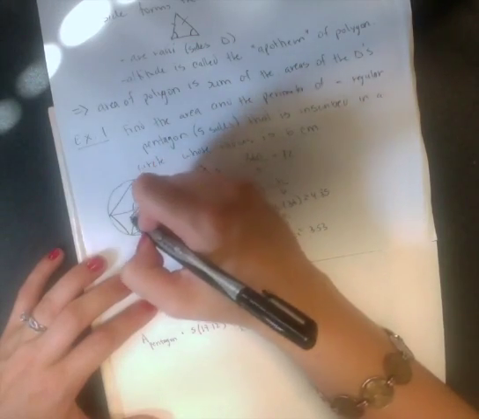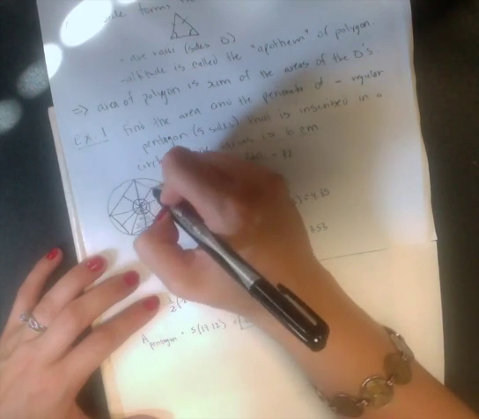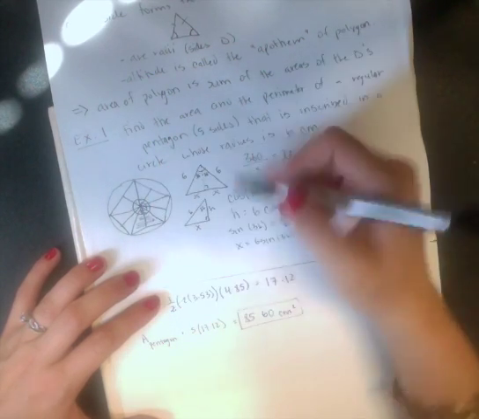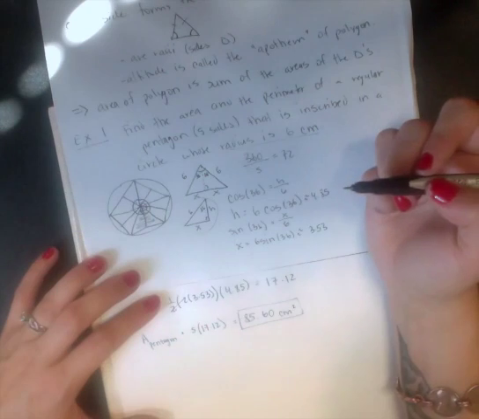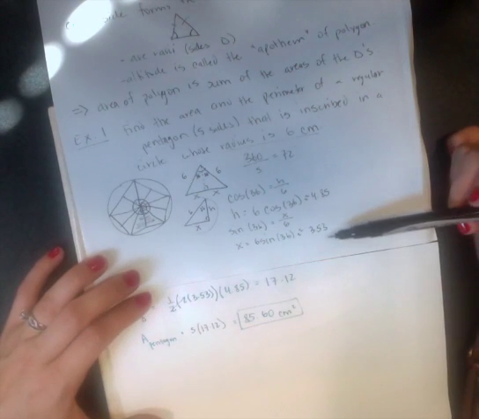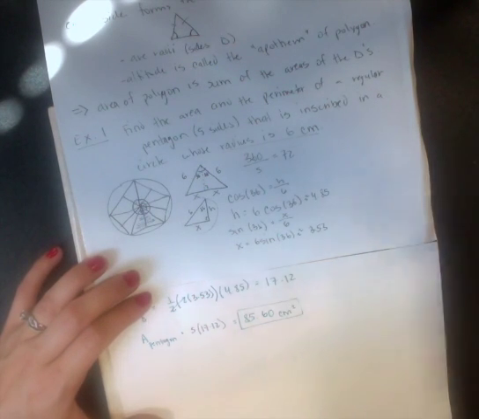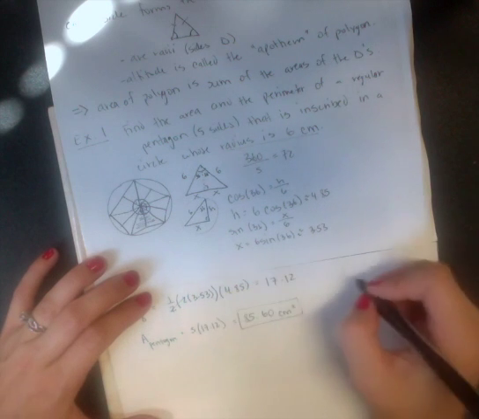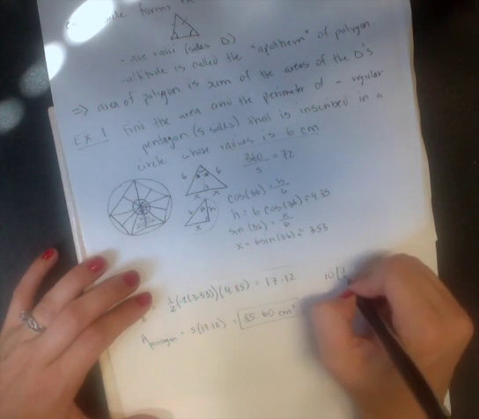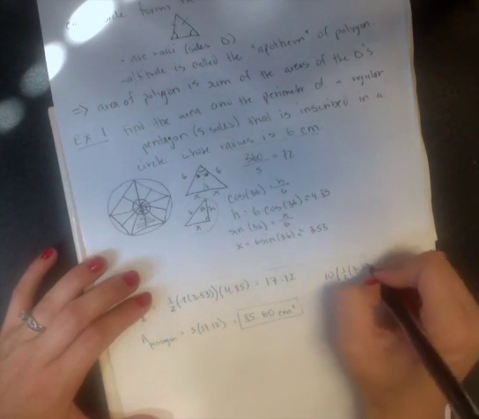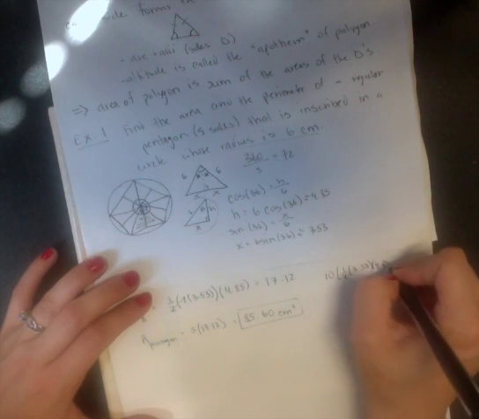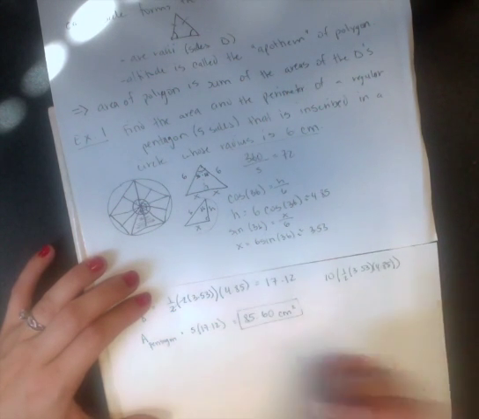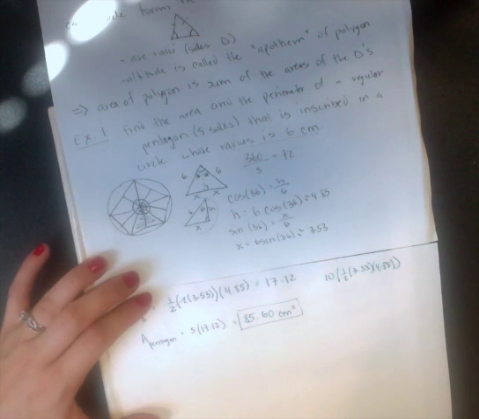You could have split each of these triangles into 2, meaning I would have had 10 of these triangles. So I could have done 10 times 1/2 times 3.53 times 4.85 instead of doing 5 times my 17.12. It doesn't matter. You can do either one.